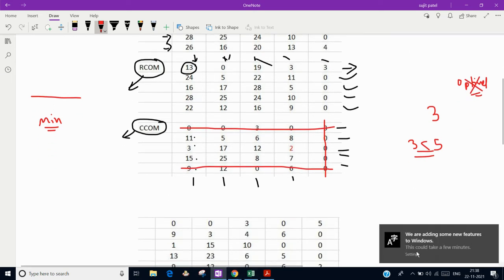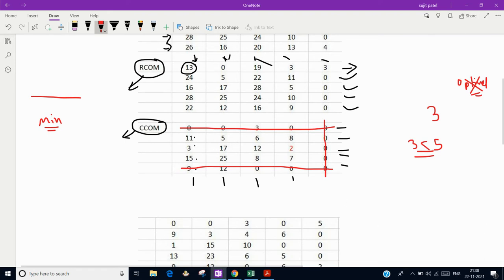Next, here we have some remaining elements: 11, 5, 6, 2, 8, 3, 17, 12, 2. Select the minimum among those that are not covered by a line. Here it is 2.